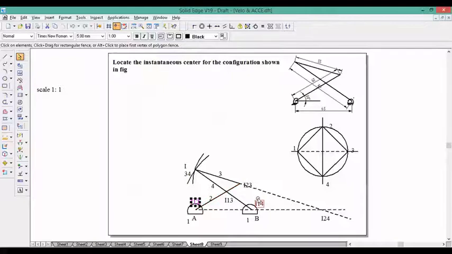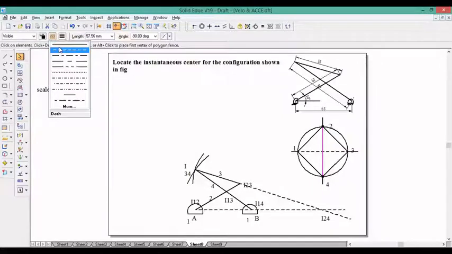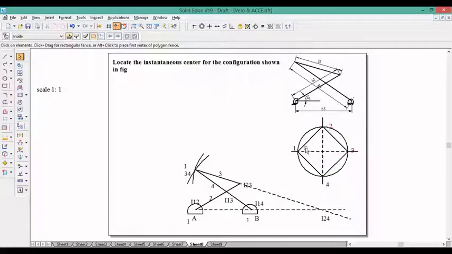There are I12, I14, I34, and I23. Then one more will come, that is I13, at the intersection of these two links. And I24, which is neither fixed nor permanent, we apply Kennedy's theorem. To get it, we consider I14, I12.